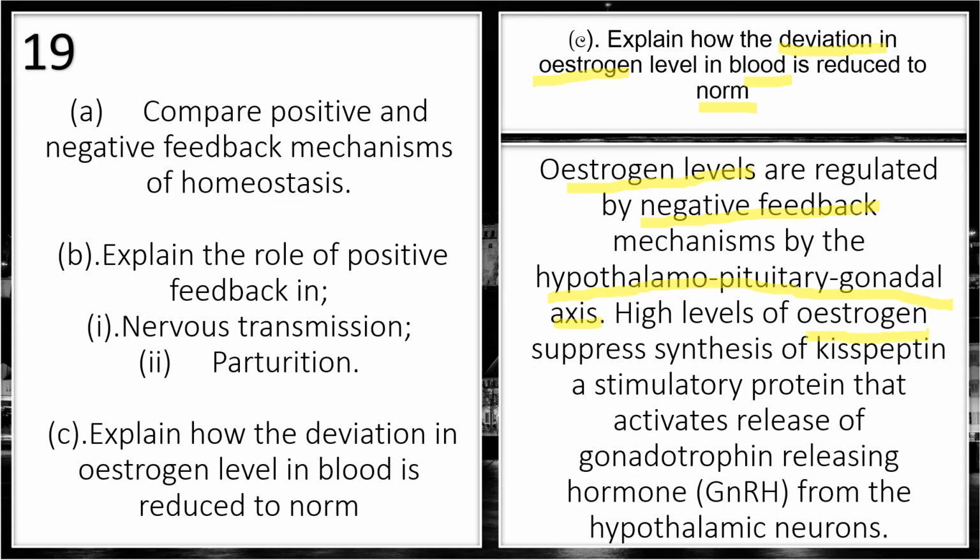High levels of estrogen suppress the synthesis of kisspeptin, a stimulatory protein that activates the release of gonadotrophin-releasing hormone from the hypothalamic neurons.